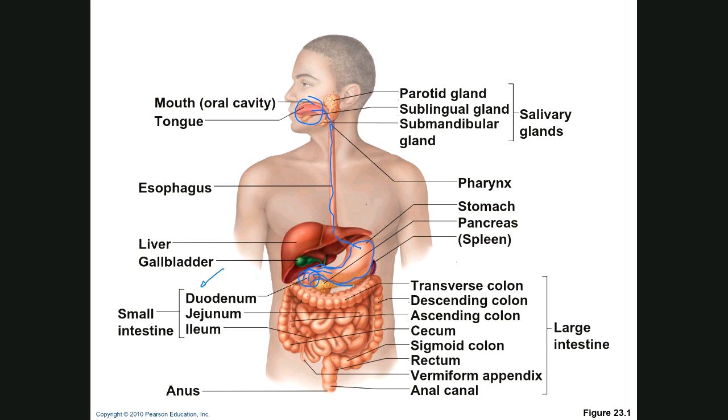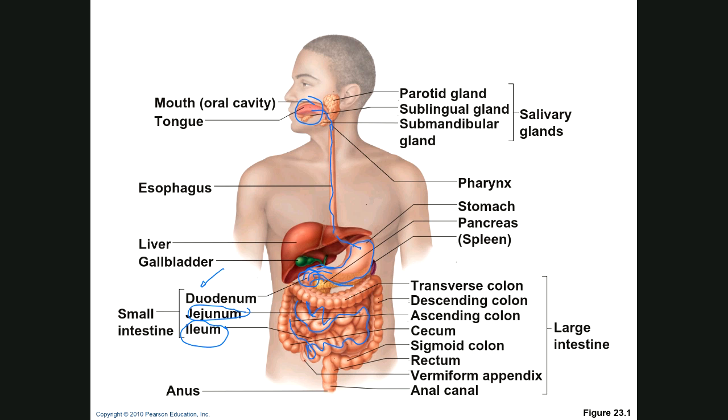And absorption, actually, digested food will continue on to the next portion of the small intestine called the jejunum. And again, some absorption takes place in the jejunum. And from there, it will travel to the last portion of the small intestine, which is the ileum. So the ileum brings the food, or at that point, it will be the waste, into the large intestine.